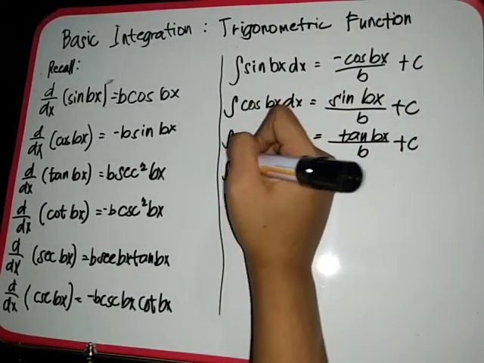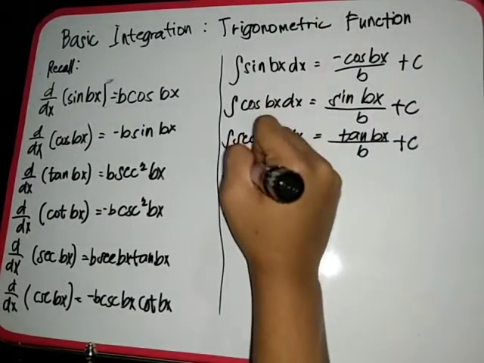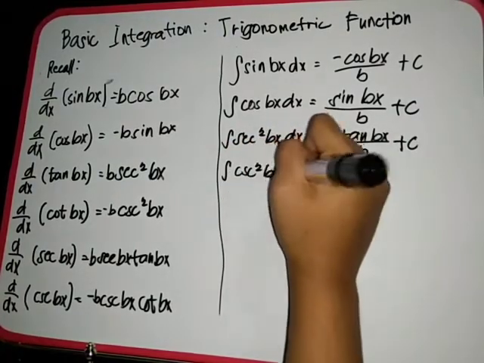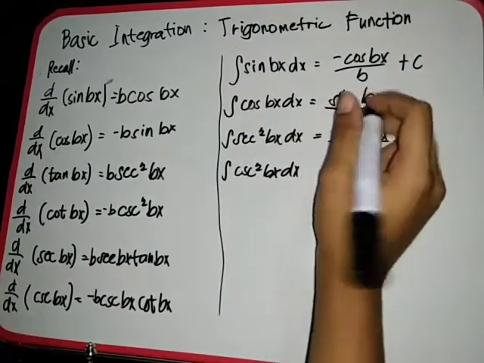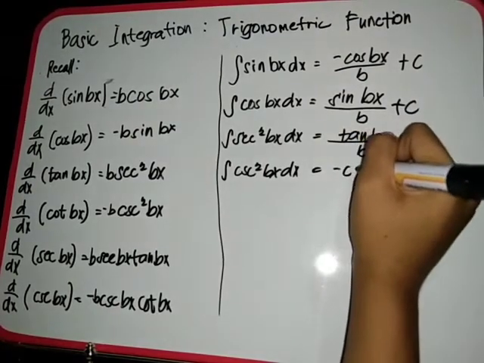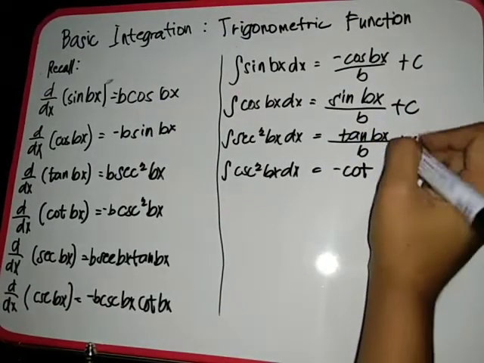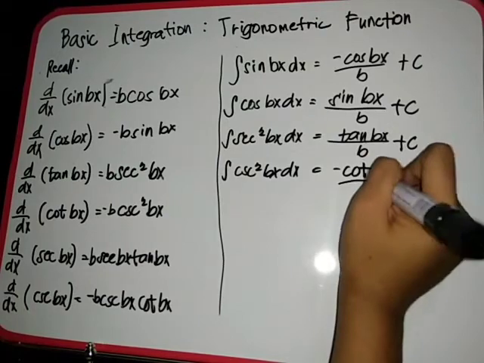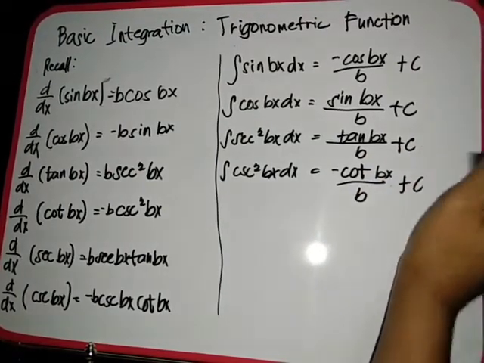The integral of cosecant squared bx dx is equal to negative cotangent bx over b plus c.